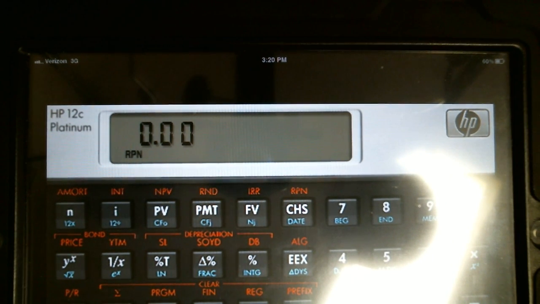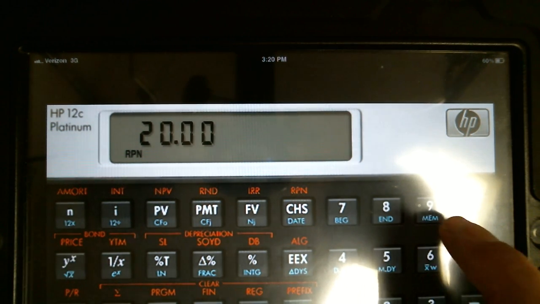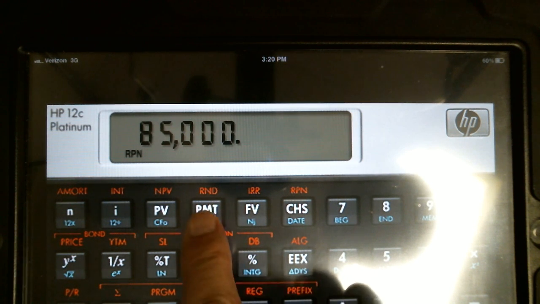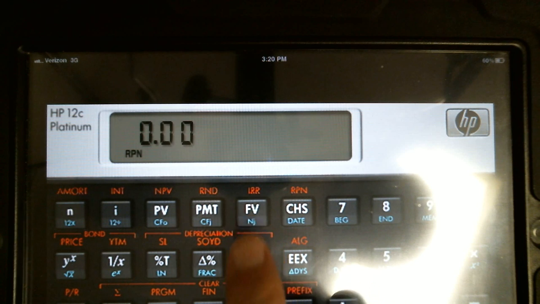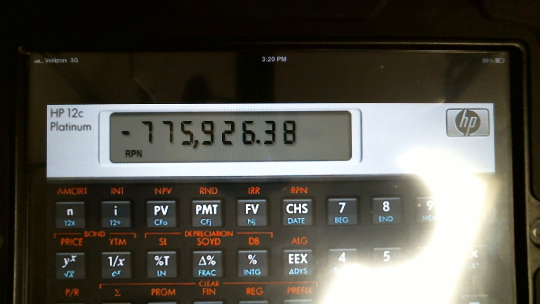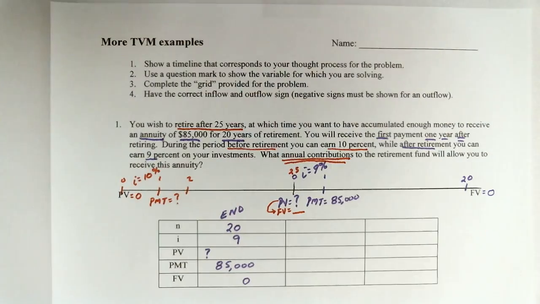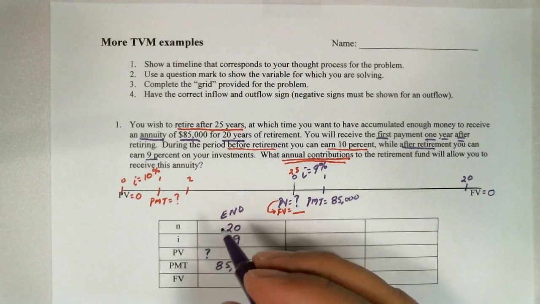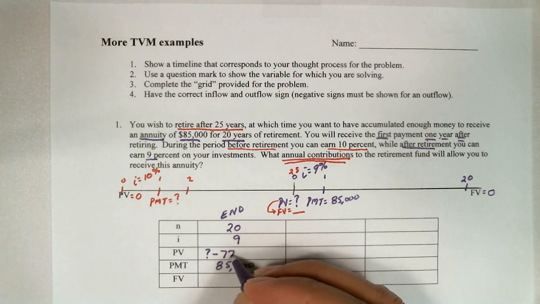And putting in the values, I've got 20 in, 9 for I, 85,000 for the payment, 0 for the future value, and now I press the PV key, present value, and I get negative $775,926.38. That is my present value. So writing that in, making sure that it is a negative.